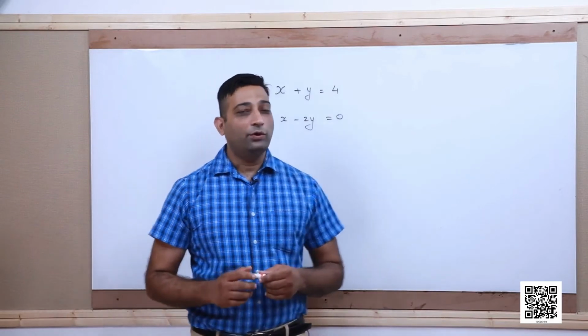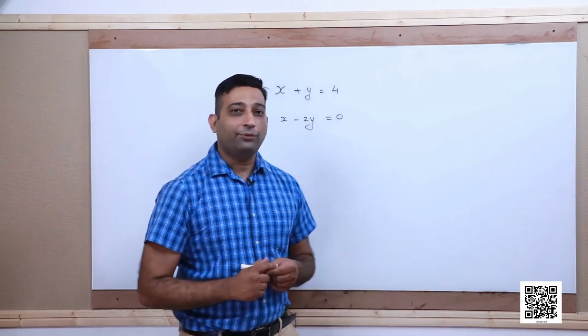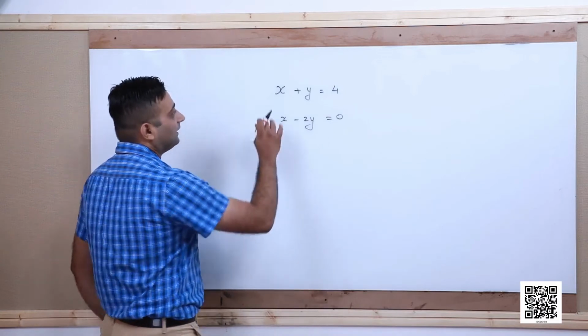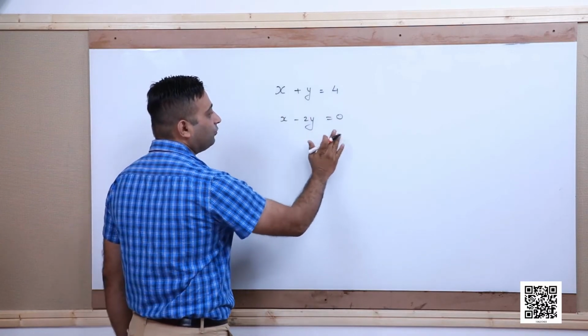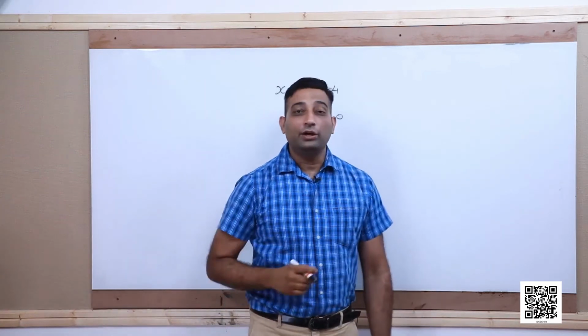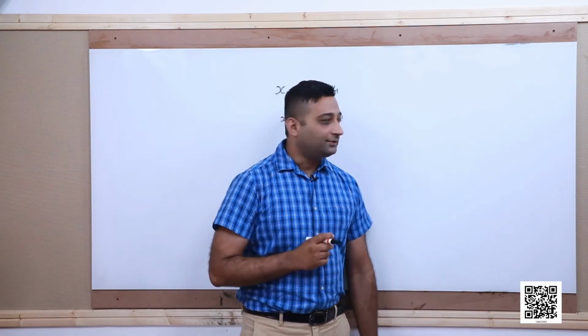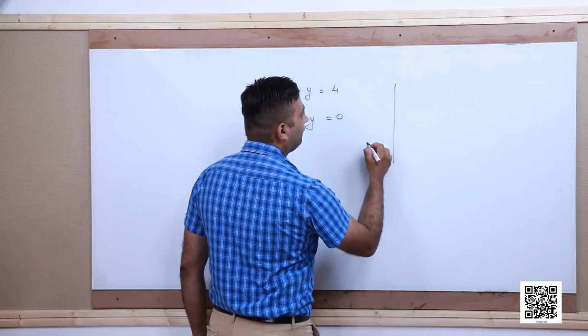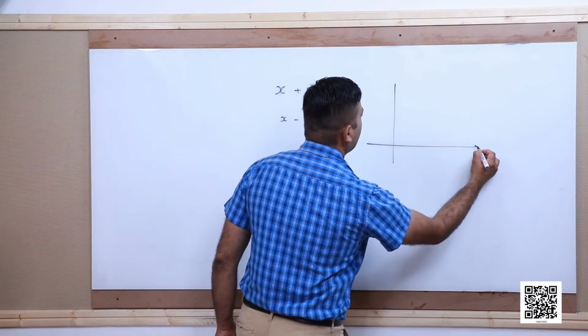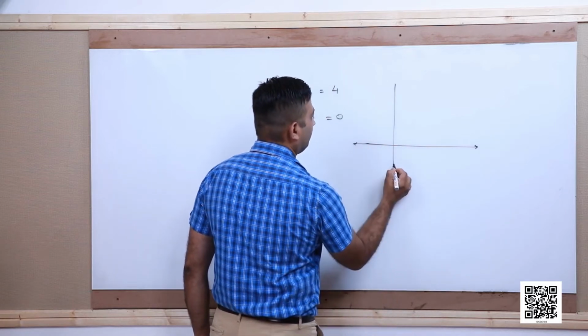Dear students, now let us consider a pair of linear equations in two variables: x + y = 4 and x - 2y = 0. Let us draw their graphs. Now let us first plot the graph of x + y = 4.